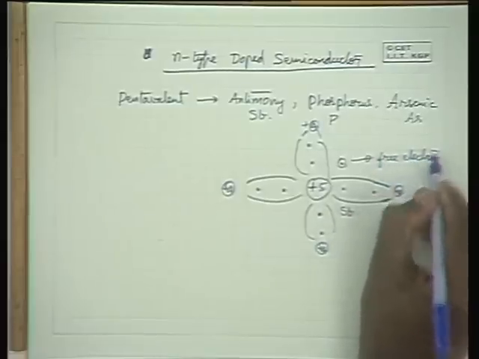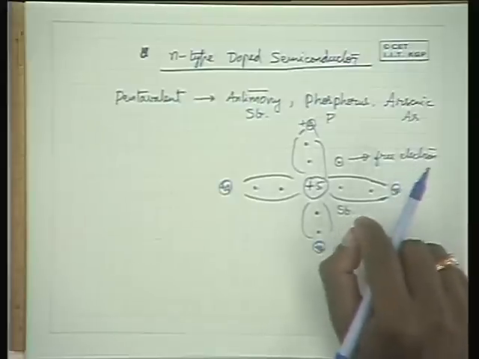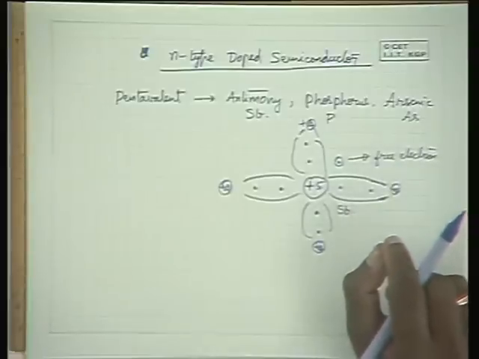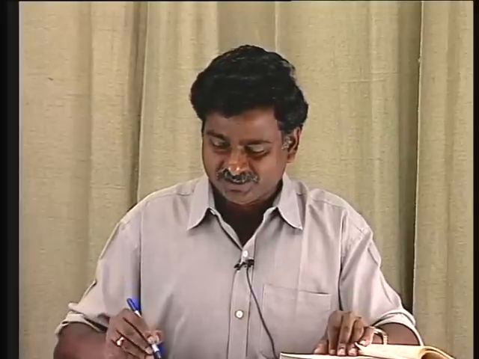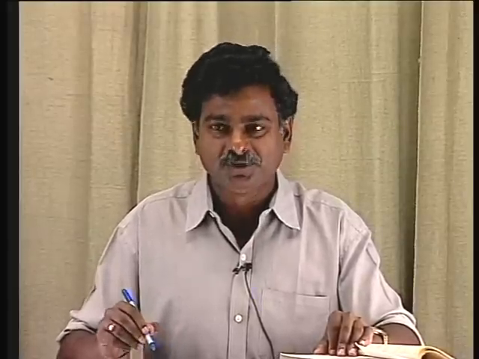So every pentavalent atom that is introduced into the semiconductor gives rise to a free electron. Is it completely free? Well, it is not completely free, because it has some influence of this +5 and -4 equal to +1 nucleus.